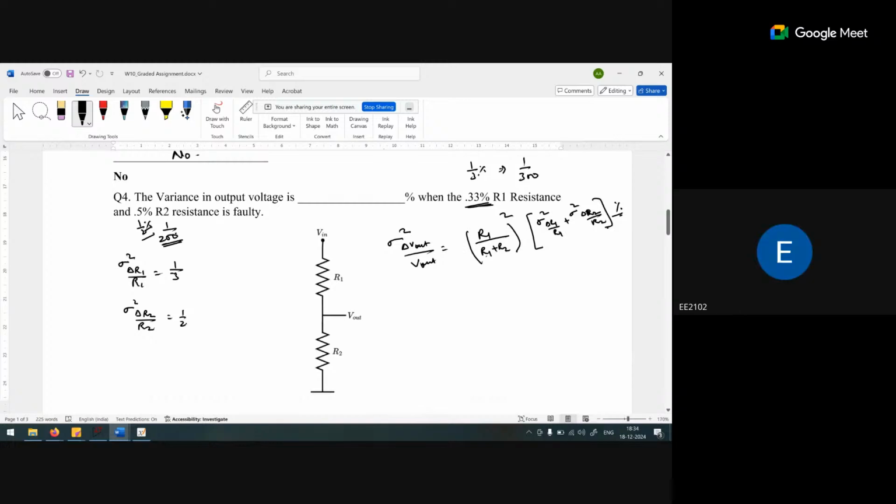Yeah, this particularly will be half. Okay, so this is 1 by 4, 1 by 3 plus 1 by 2. So it is 5 divided by 24.